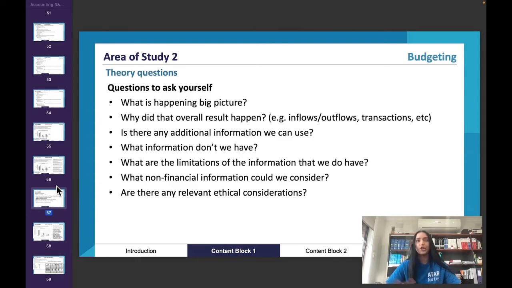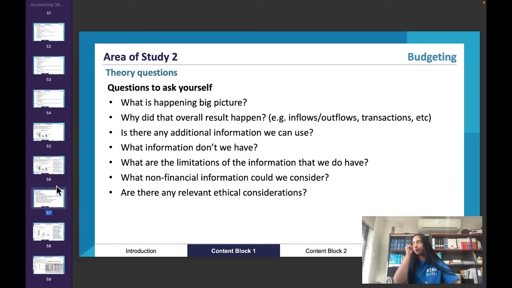Stuff like that. For example, in the balance sheet, why was bank a liability instead of an asset? If there was a bank overdraft. And then, is there any additional information we can use? So, like I was saying earlier, really reading the paragraph of background context, reading the additional information, and thinking to yourself, is any of this useful in my theory response?